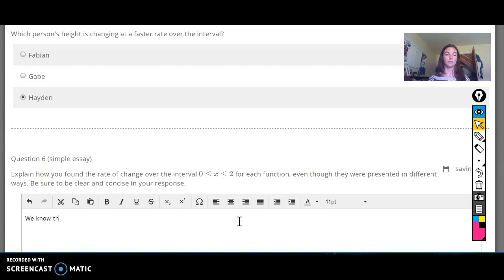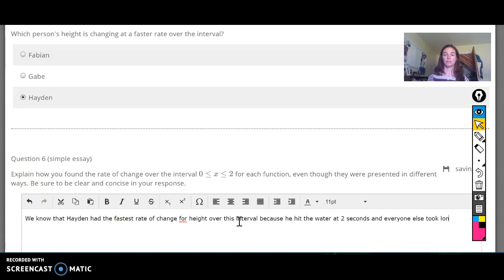So we know that Hayden had the fastest rate of change for height over the interval because he hit the water at 2 seconds and everyone else took longer than 2 seconds.